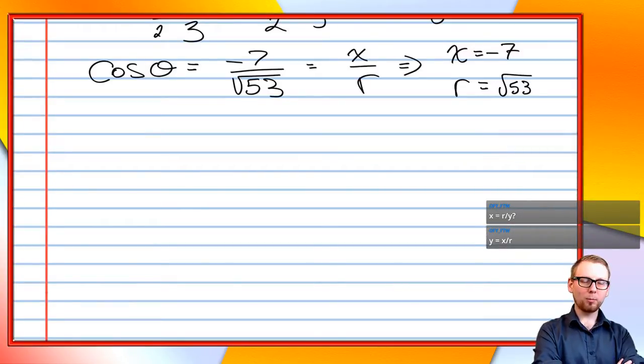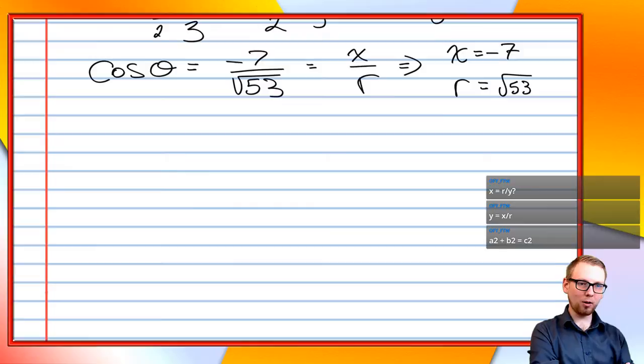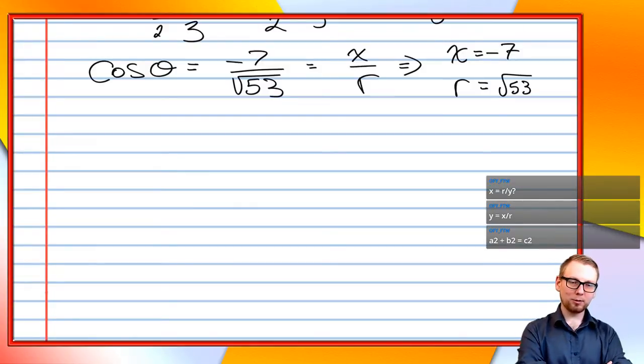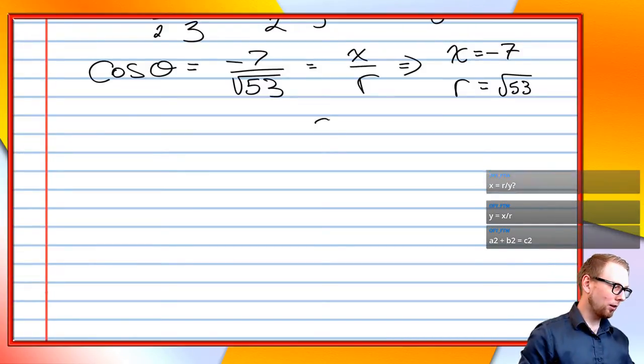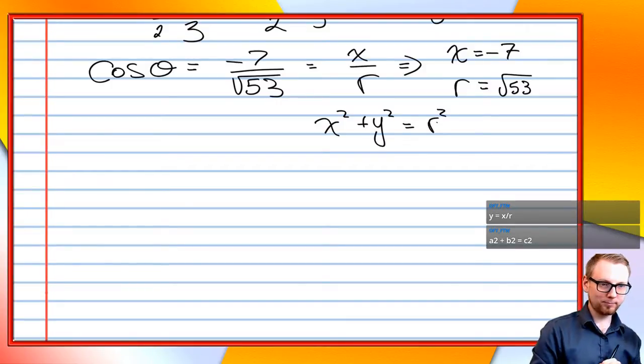No, Pythagorean theorem, because that does not make any sense. This is cos theta, right? Pythagorean theorem: x squared plus y squared equals r squared.